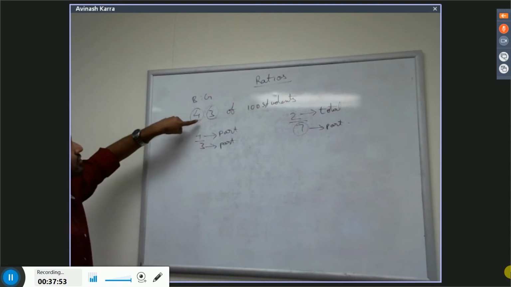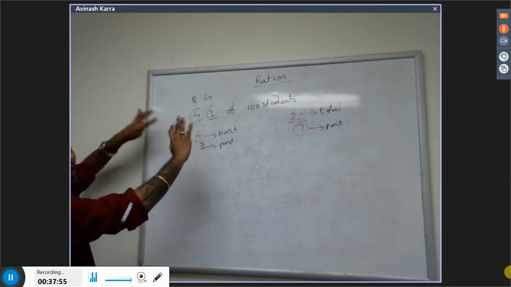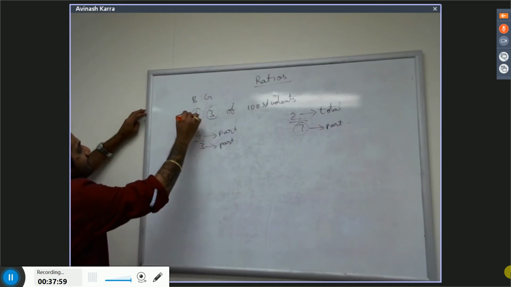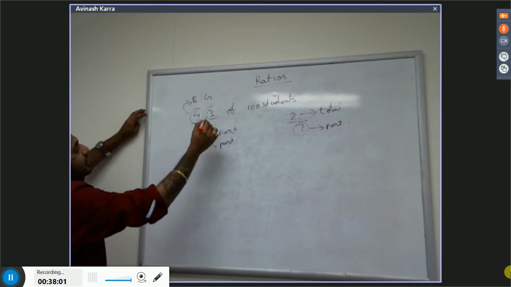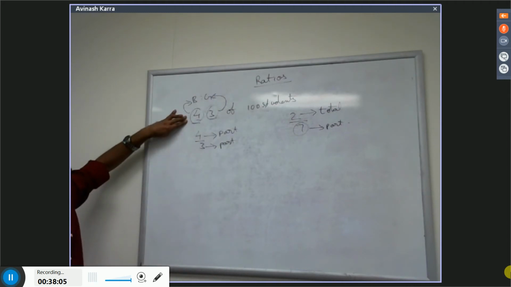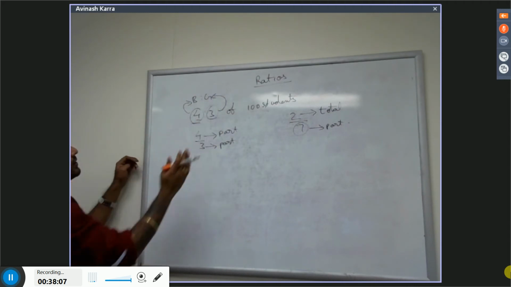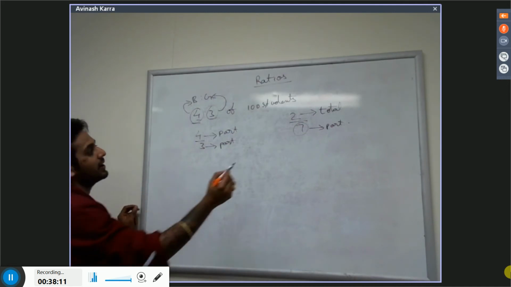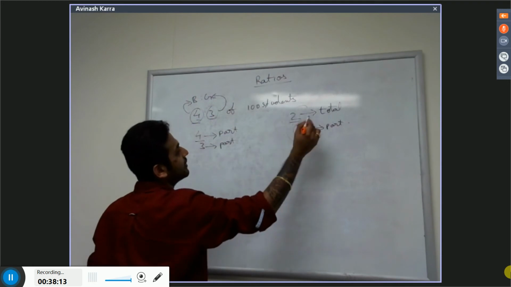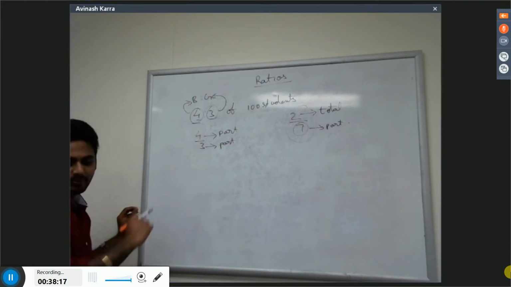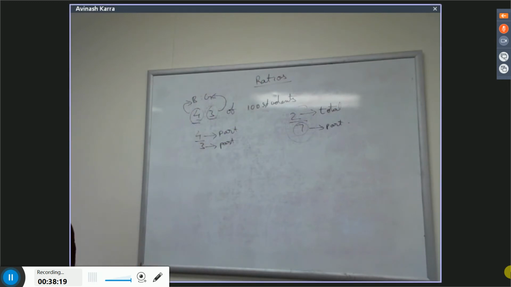Here 4:3 means we are dividing in such a way that for every 4 parts of some object, you will be having 3 parts of some object. Ratios are nothing but part to part. It's not like total to part. But in a fraction, you'll be having part to the total. You'll understand with a few examples.